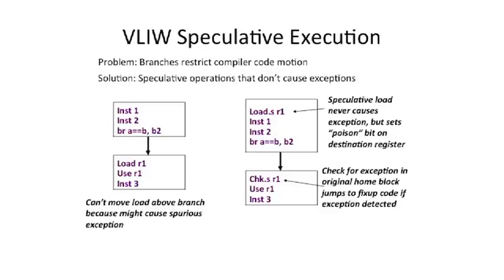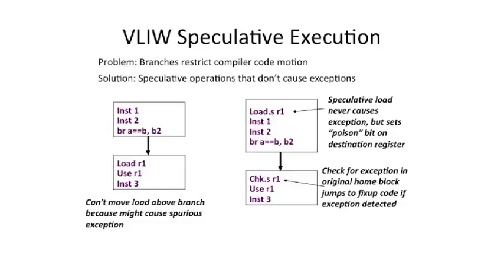So there'll be some other piece of code somewhere else we can branch to. And that fix-up code is going to re-execute the load and make sure everything is OK, and then jump back to the use. So it's speculation. We try to make sure that the common case, when we pull this load up, nothing bad is going to happen. But we put a check in just to make sure that this is the case.